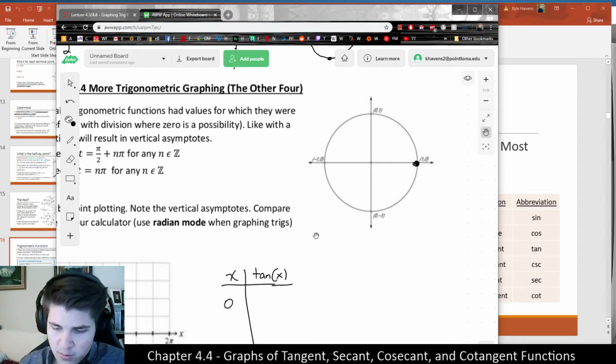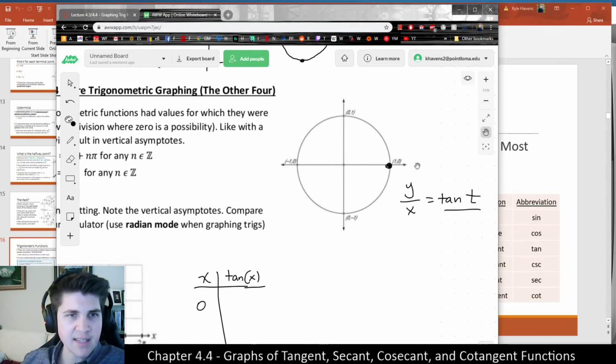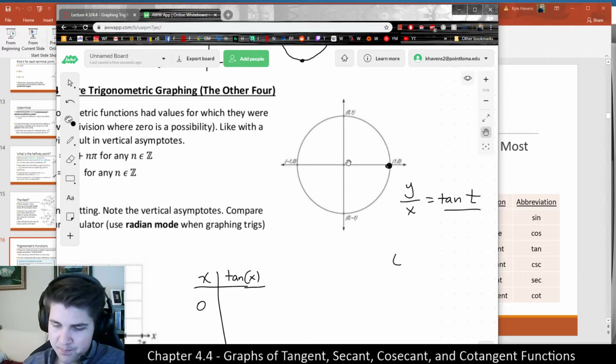So tangent always returns y over x for the current position. And again, I'm being careful here. I'm using t because that's the terminal position based on the distance from the initial point. But at 0, we're at the initial point, so tangent of 0 will return y over x, which is 0 over 1, aka 0. So tangent of 0 is 0.